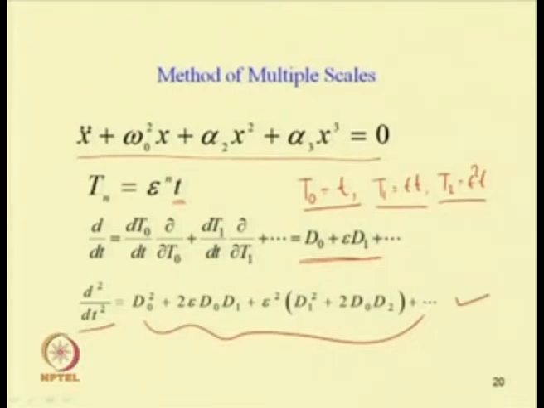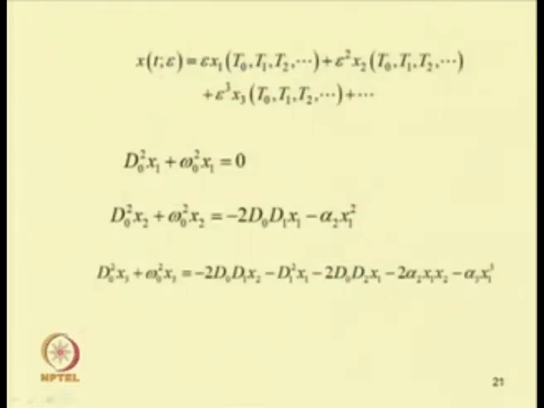So, by substituting these two equations, we also have to write this x. Writing x as a function of t, where epsilon is the parameter, it can be written as epsilon x 1 plus epsilon square x 2 plus epsilon cube x 3, where x 1, x 2, x 3 are functions of different time scales, that is t 0, t 1, t 2.